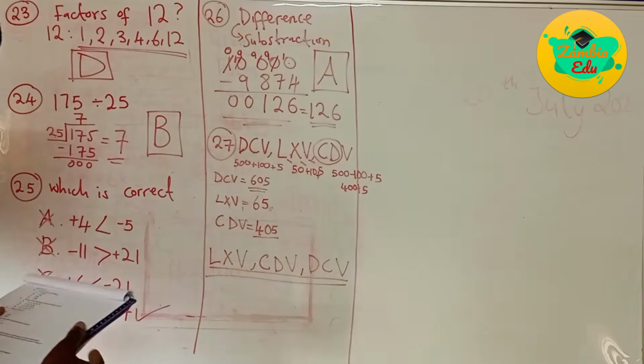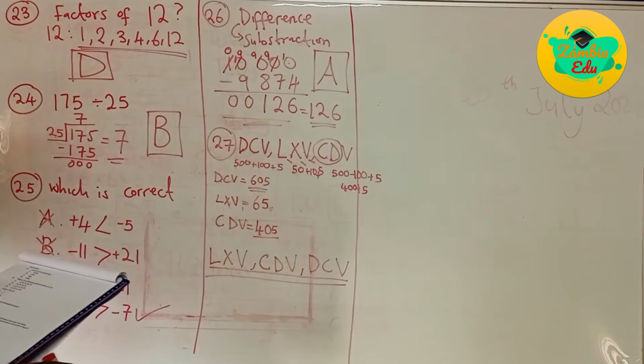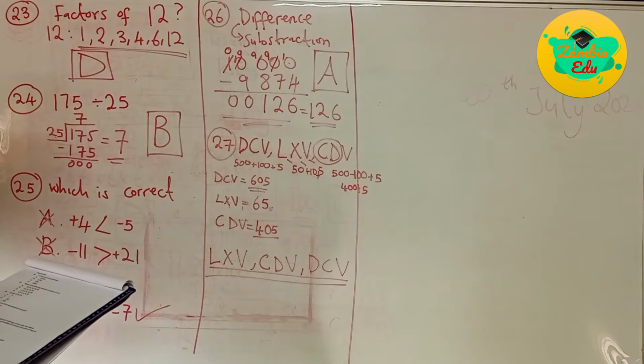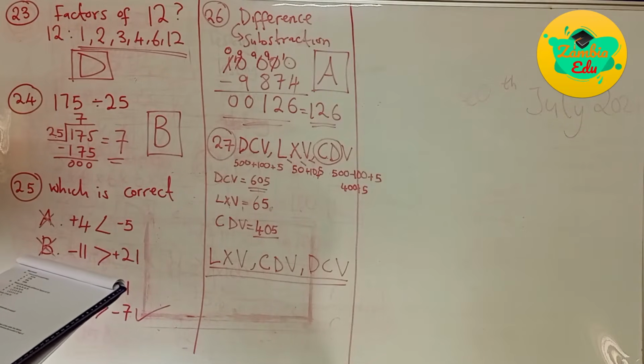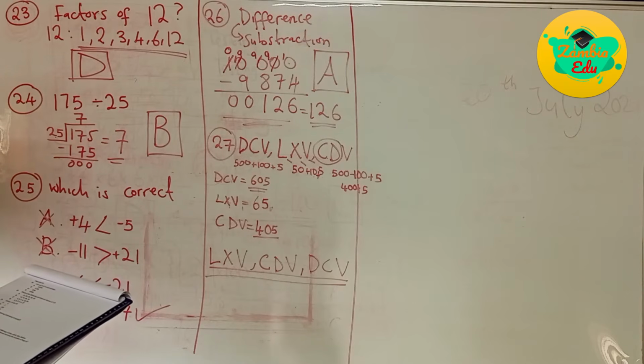And if we look at the options that were given on question number 27, we have A being CDV, DCV, LXV. Then our B is DCV, CDV, LXV.